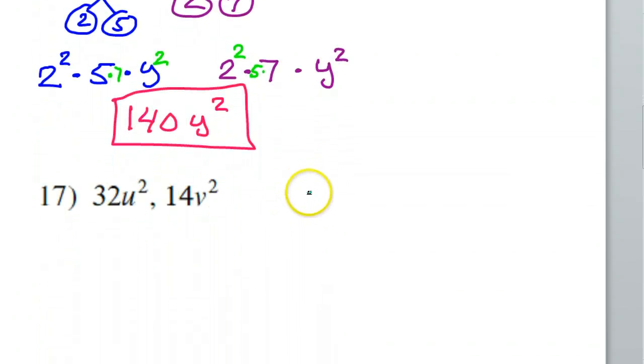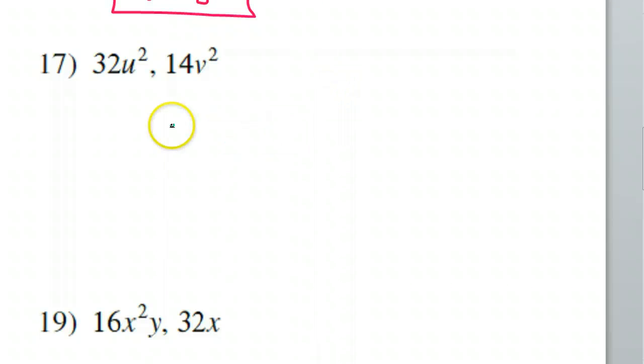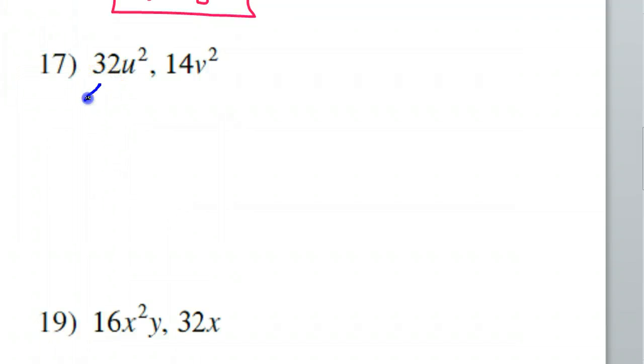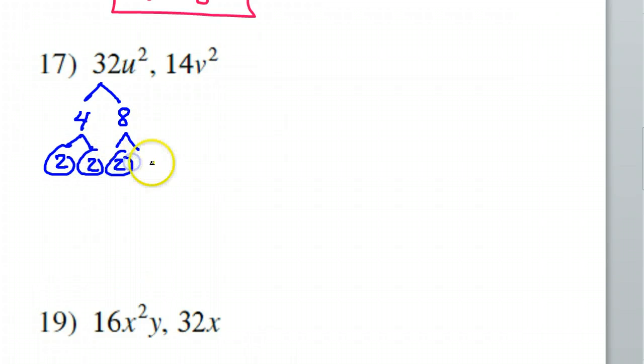Okay, next, let's do the same thing for these guys. So 32. I usually just always start with 2, but I feel like doing it this way now. So 32 is 4 times 8, and so this will be 2 times 2, and then 8 is 2 times 4, which is 2 times 2.